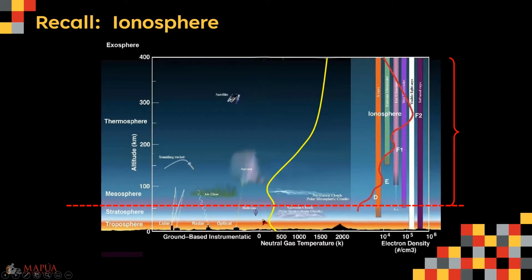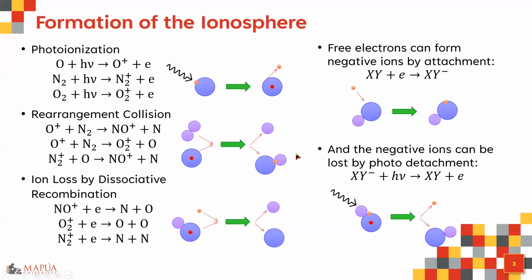So here you have your troposphere, then your stratosphere, mesosphere, and then your thermosphere. If you compare the ionosphere with the neutral atmosphere, the ionosphere is embedded within the mesosphere and thermosphere regions.